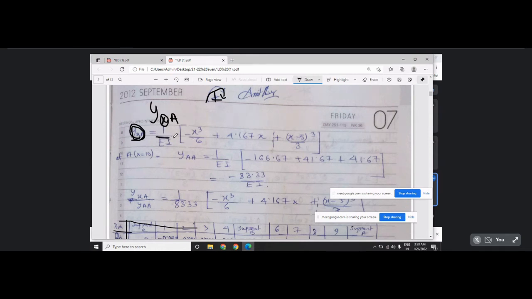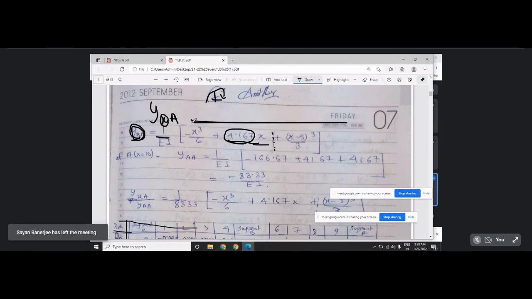If the 1 by EI came this way, it would be 1 by EI, and here it would become 1 by 2 EI. So 1 by EI minus x cube by 6 plus c1x, that c1 value times x, plus x minus 5 whole cube. This is the dotted portion, because x is within the BA region, the whole region. And if it were this region, then I would only need to take this.